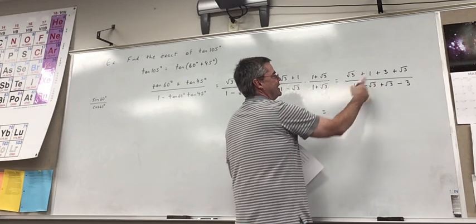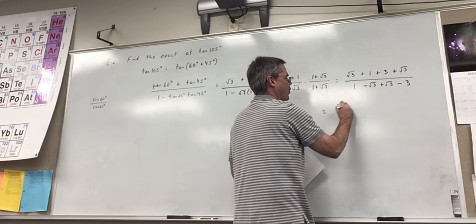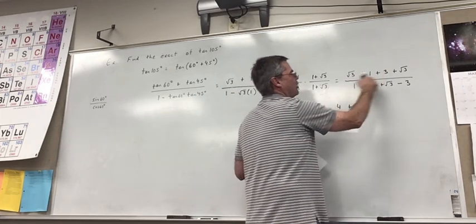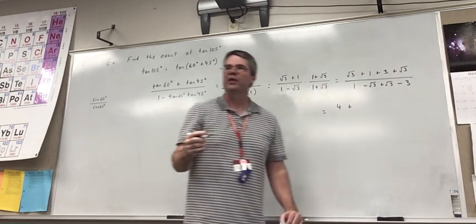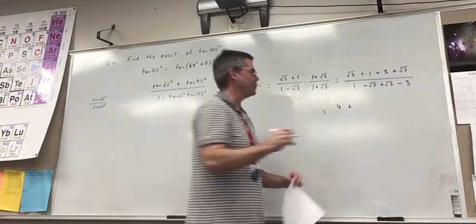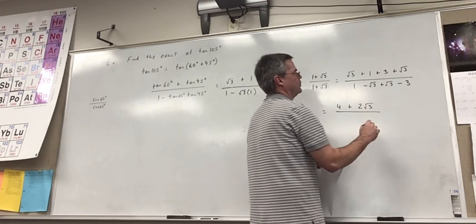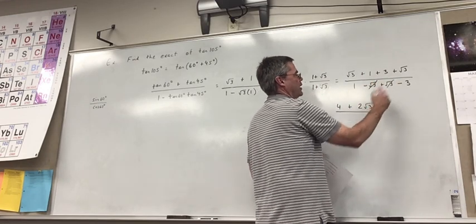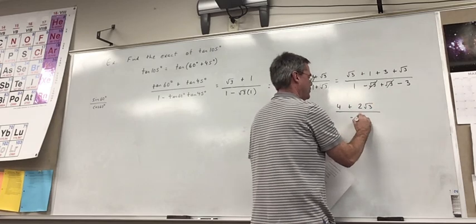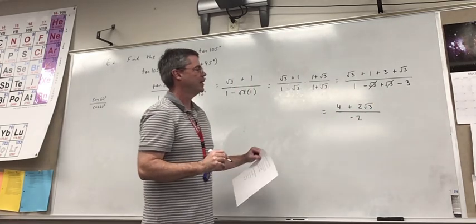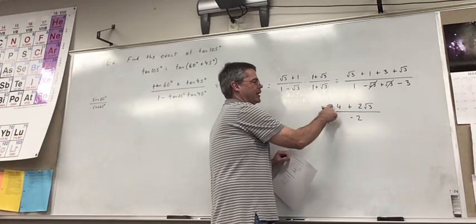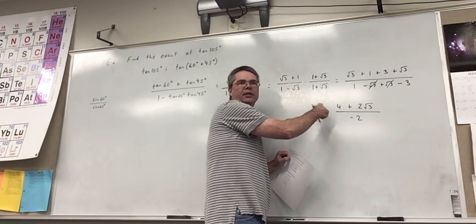So putting everything together, I've got 1 plus 3 is 4. And then if I've got a root 3 and another root 3, we could call that 2 times root 3. And then on the bottom, 1 minus 3 would be negative 2. Now I can divide the negative 2 into each one of the coefficients.